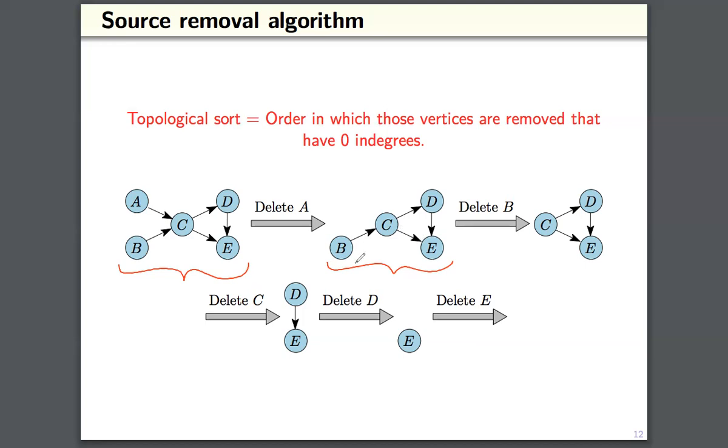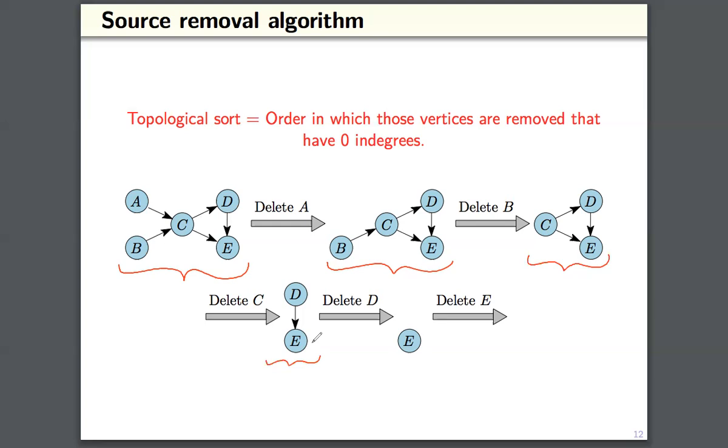Just B. Delete B, that means you are deleting all edges that are coming out of B. You get this graph. So what vertices have in degree 0? C. Delete C. You get this graph.